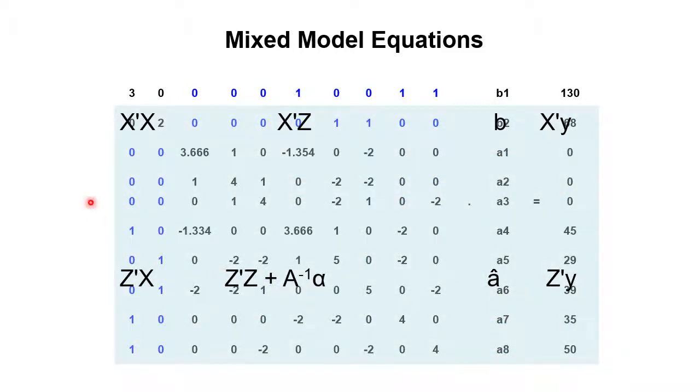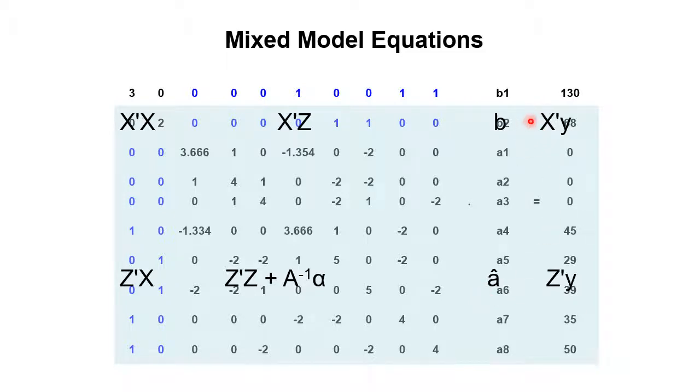So again, that's our X'X, X'Z, the transpose Z'X, Z'Z plus the inverse of A times alpha. This is B, the unknown two levels of B1 and B2, and we have our additive, or A hat, our prediction of our breeding values.